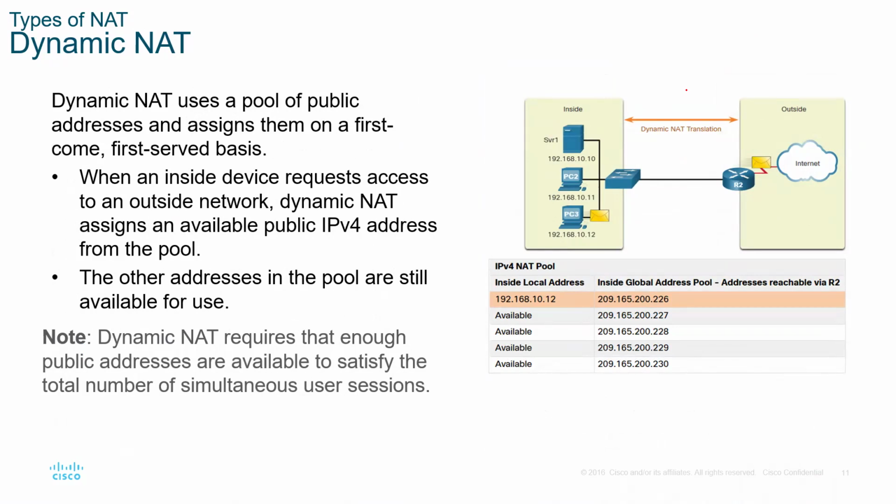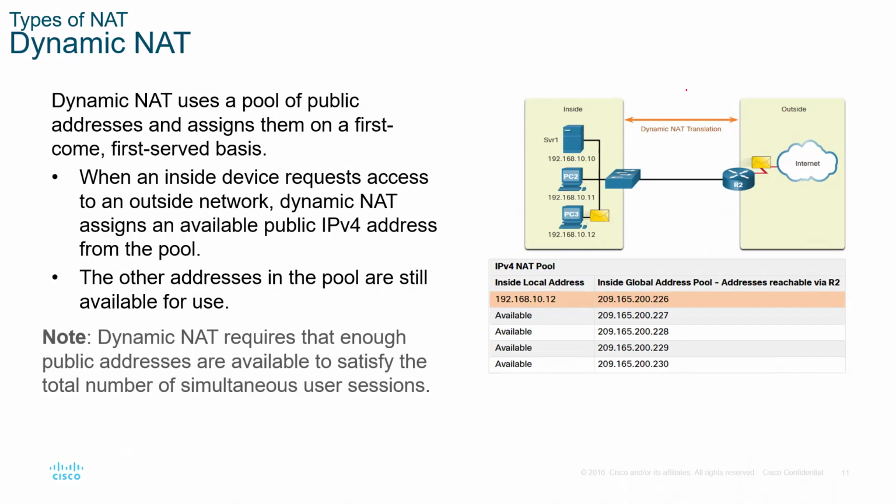So with dynamic NAT, we have public IP addresses being assigned on a first come basis. We have a pool. If a device is trying to communicate publicly, it will be assigned an address from the pool, like already said, on a first come, first served basis.